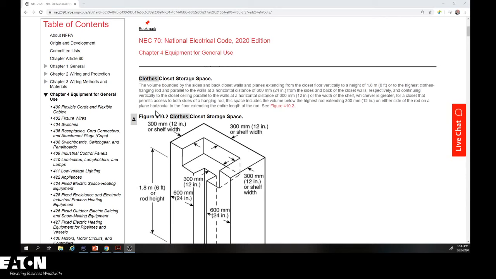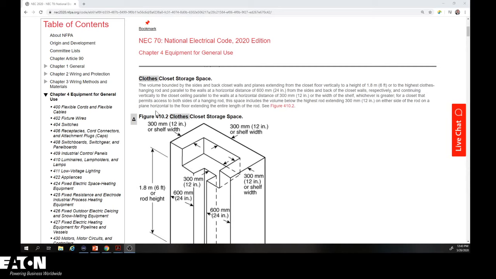So hanging rod sort of gives it away that it's got to be a clothes rod, because if it was a pantry, or if it was a closet that was for towels, you wouldn't have a hanging rod. Or to the highest closet hanging rod and parallel to the walls at a horizontal distance from the sides and back of the closet walls, respectively, and continuing vertically to the closet ceiling, parallel to the walls at the horizontal distance of 12 inches or the width of the shelf, whichever is greater.